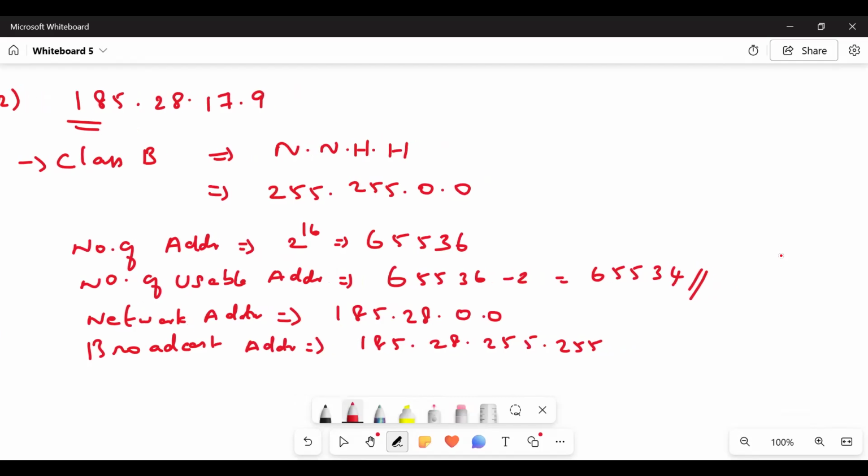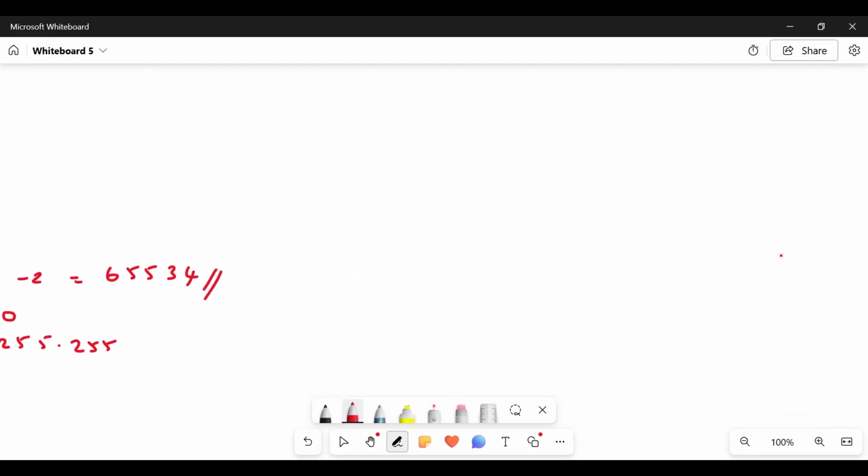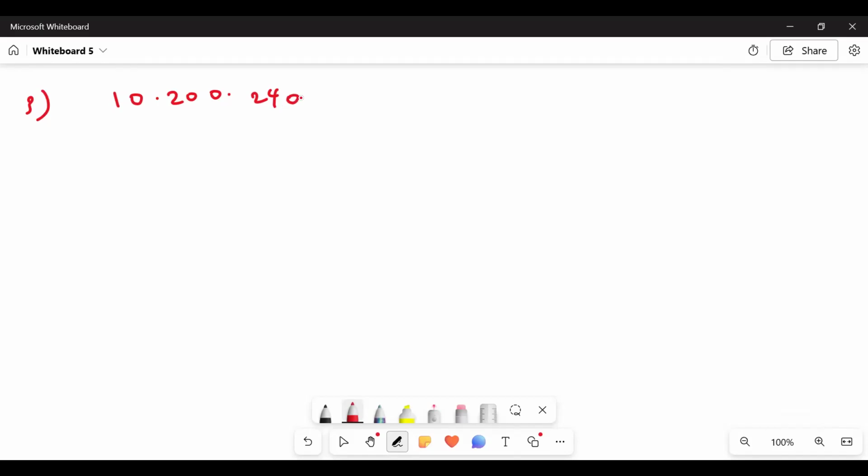Okay, next is our third problem. The third IP address is 10.200.240.4.